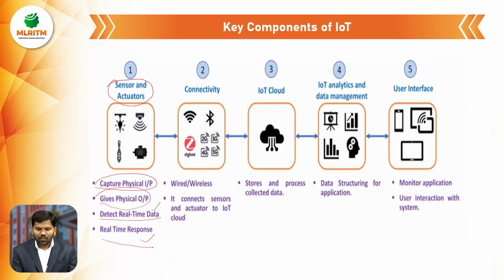Now this data will be transferred to some device. For that we need connectivity and gateways. For that we will use some wireless and wide area networks, like Bluetooth, Zigbee, 4G or 5G signals. These connect sensors and actuators to the IoT cloud.